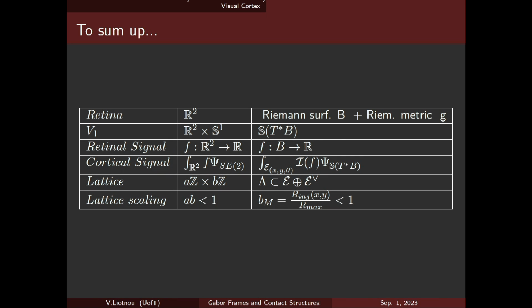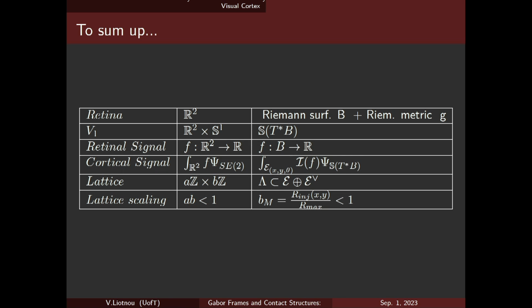So the bottom line is that we replaced R2 with a Riemann surface with a Riemannian metric, to be able to account for the fact that the retina is not necessarily flat. The visual cortex in this case would be the unit cotangent bundle of this surface. The retinal signal will be a function from the surface to R. The cortical signal will be this lifted signal to epsilon.